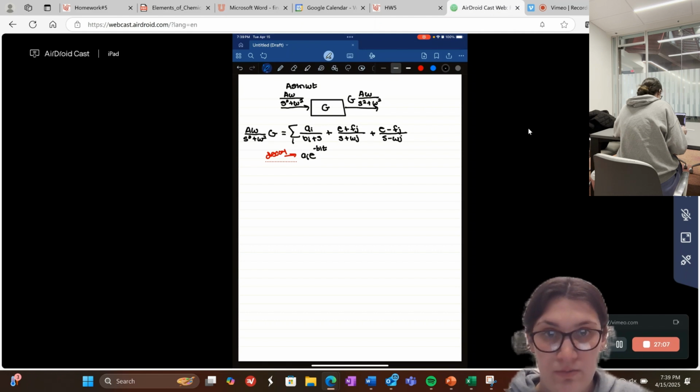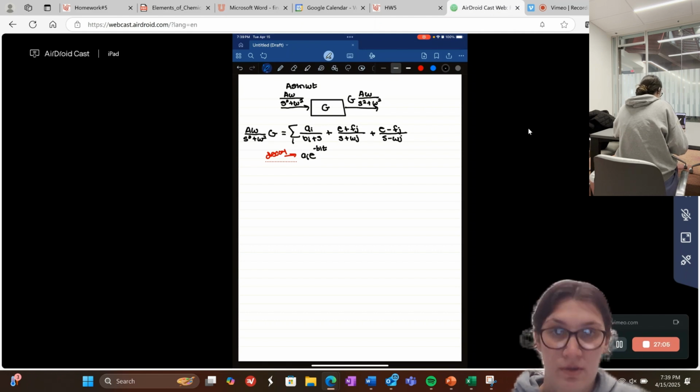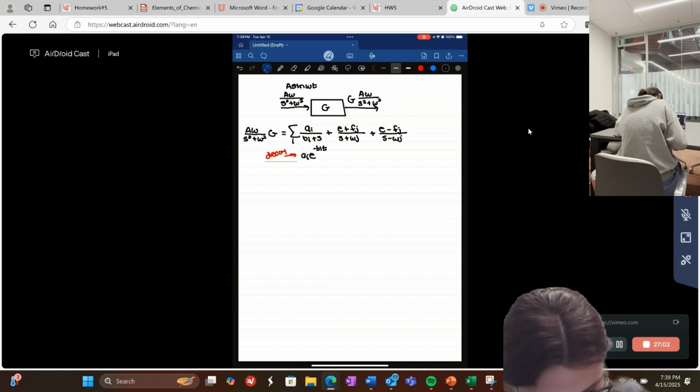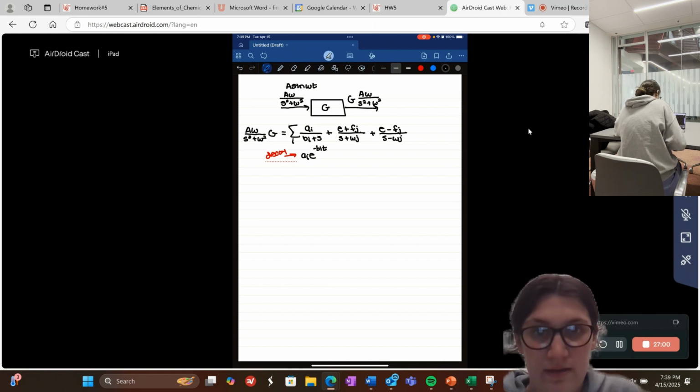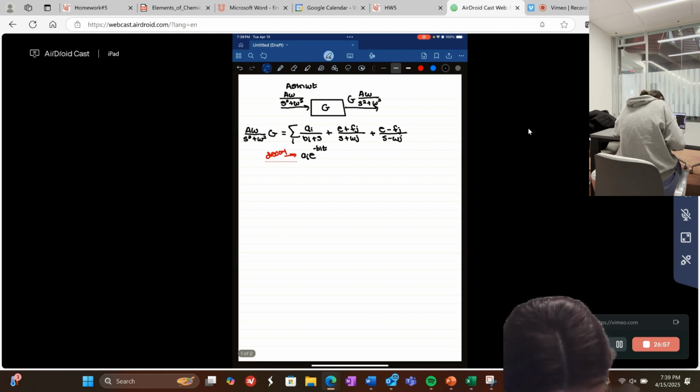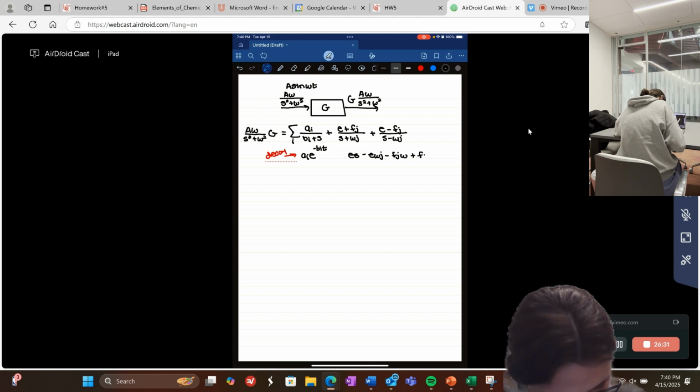To do that, we are going to make common denominators. So in the numerator, when we multiply this by this, we end up with Es minus F minus Eωj minus Fjω plus Fω.